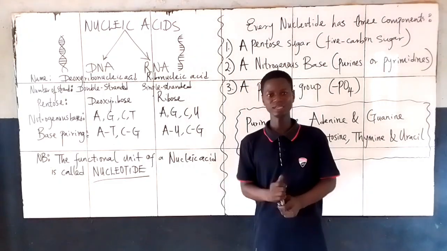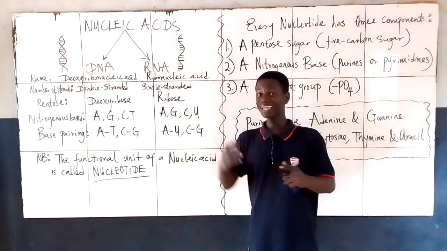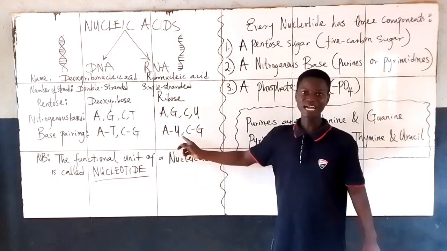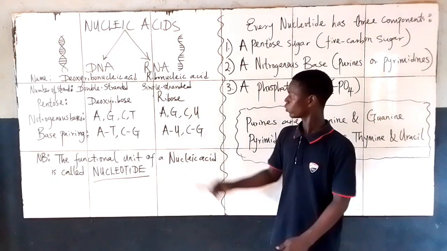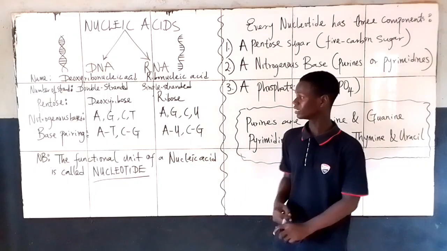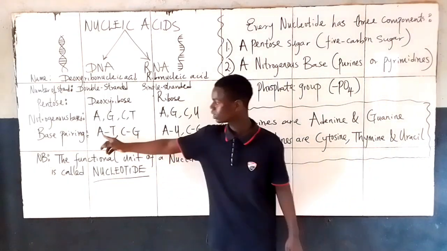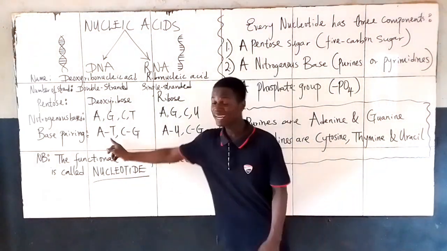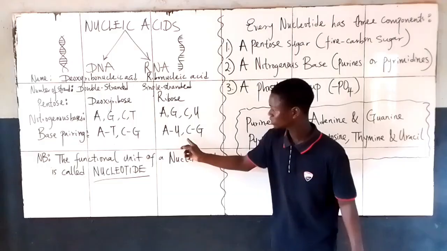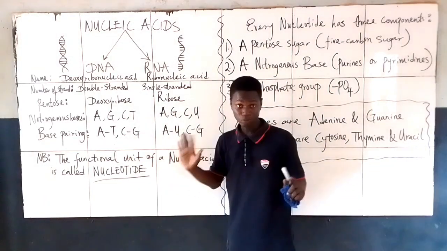But if two RNA molecules come together, this is how they will bond together. Adenine will bond to uracil, while cytosine will bond to guanine. Observe the difference. Adenine is bonded to uracil here, but in DNA, adenine is bonded to thymine. That is to say, while there is no uracil in DNA, there is uracil in RNA. And while there is no thymine here, there is thymine in DNA. I hope that is clear.